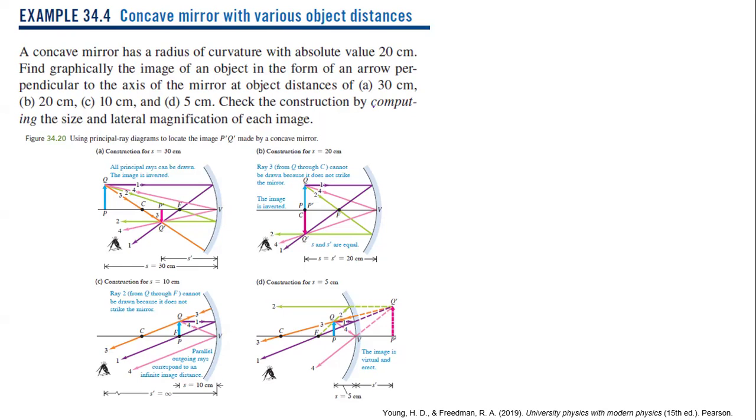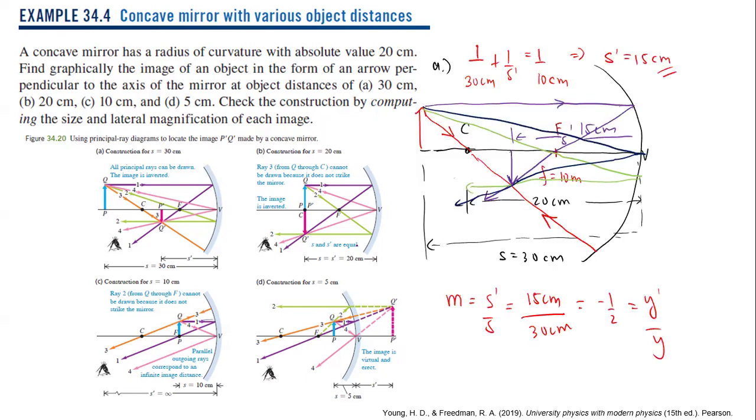So you can find the distances of an object, the lateral magnification, is it inverted or is it erect? So it's interesting to try letter D. So you might want to try letter D. So letter D, what is the letter D? Is 5 centimeter. The object is 5 centimeter.